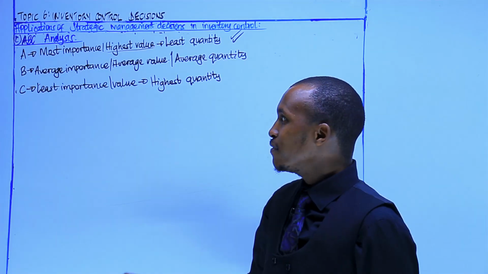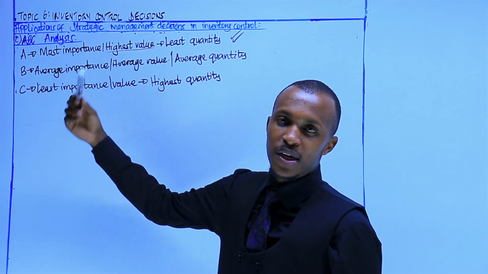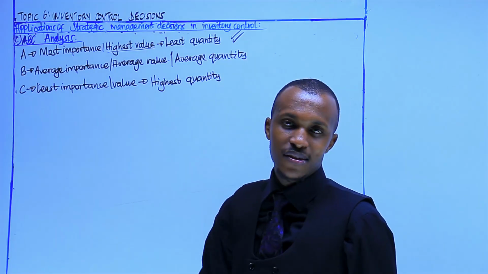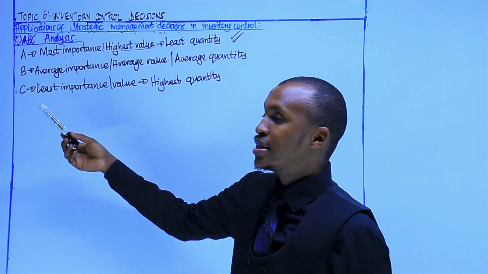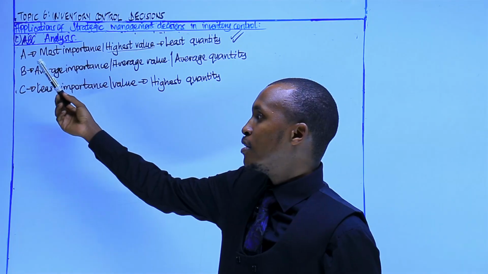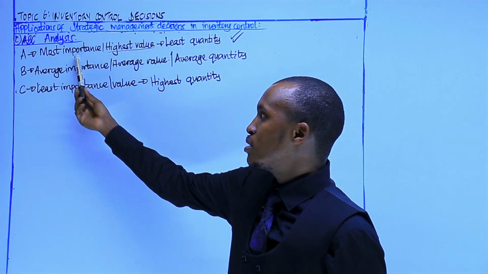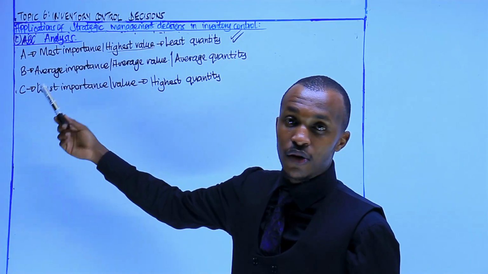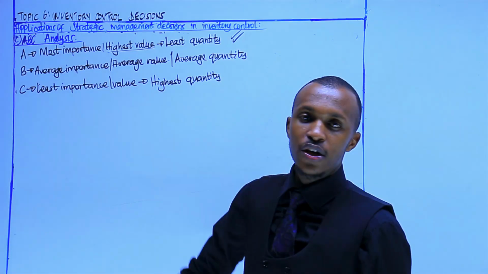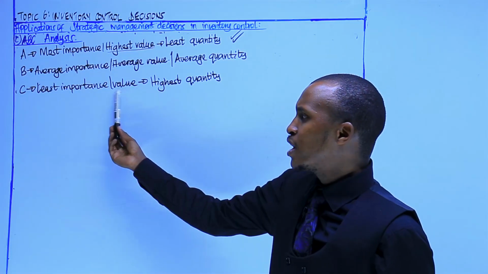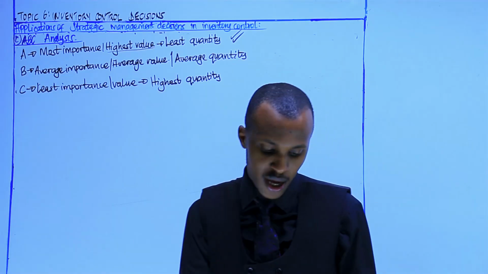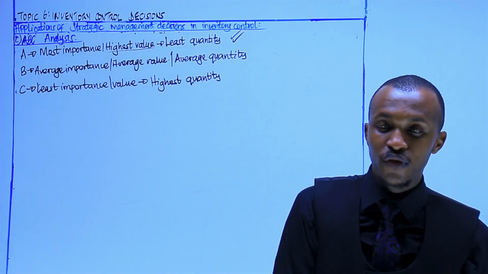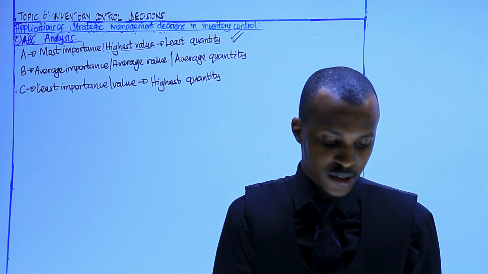You may have A with the highest value in terms of shillings, but it is the least demanded. So you may find an organization having increased supply of A, yet its demand is very low compared to C, where the value is very low, but the demand is very high.